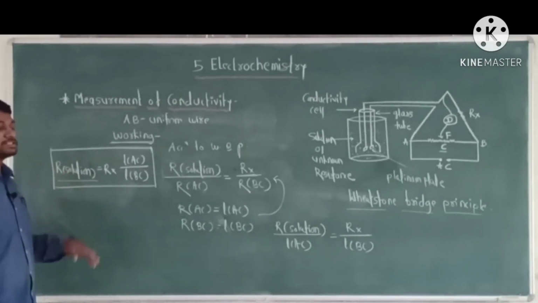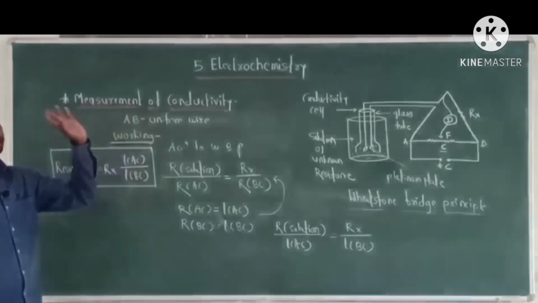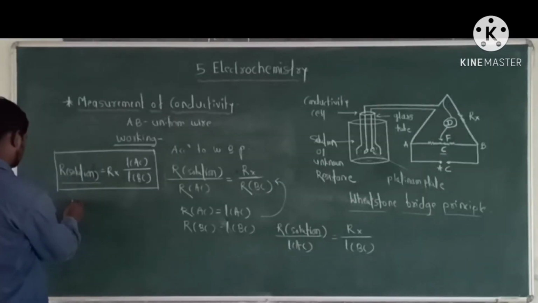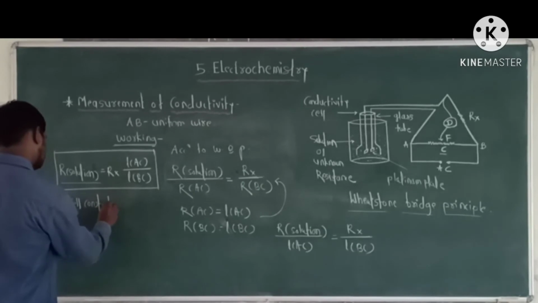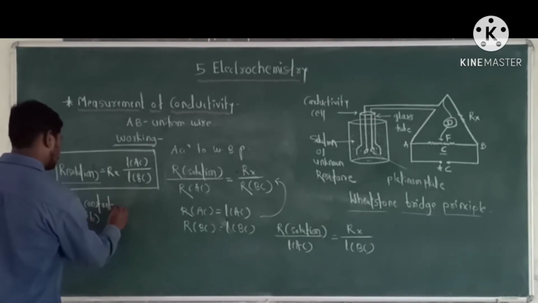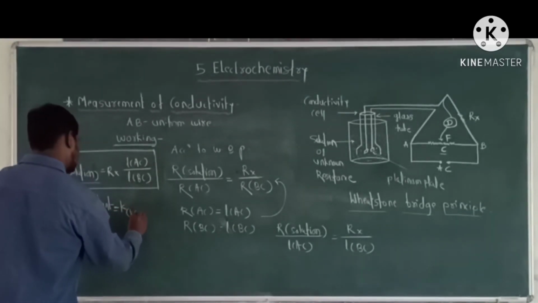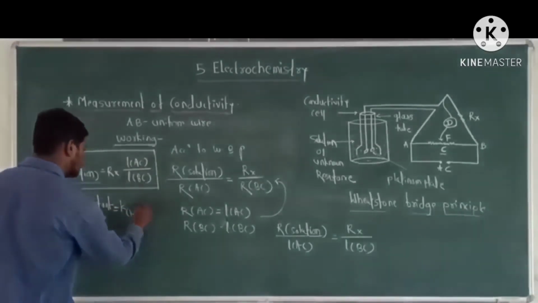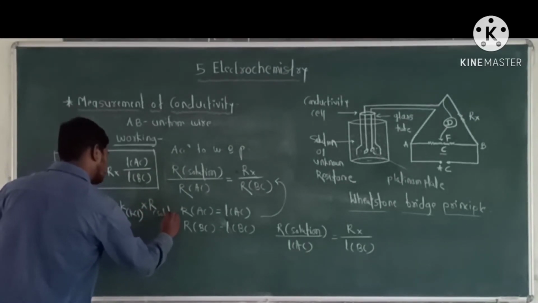From the resistance of the solution, the cell constant can be determined. Cell constant is equal to K, that is the conductivity of KCl, into the resistance of the solution.